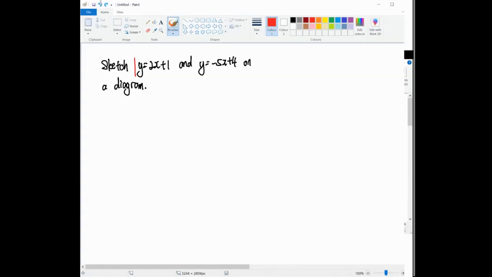Let me check. I find that this equation satisfies y equals mx plus c. As a result, this is a straight line. The gradient is 2, which is positive, so it is upward sloping, and the y-intercept is 1. So the graph of y equals 2x plus 1 should look like this.